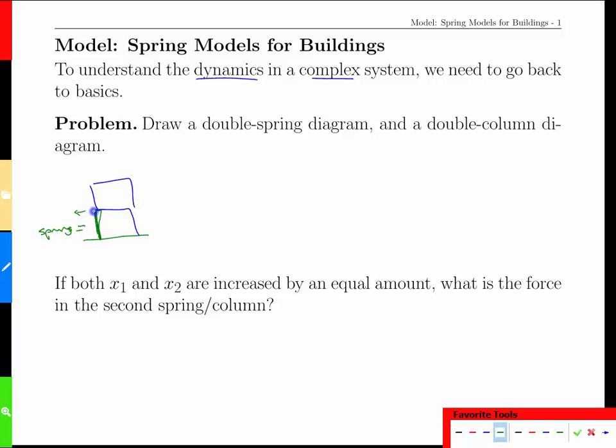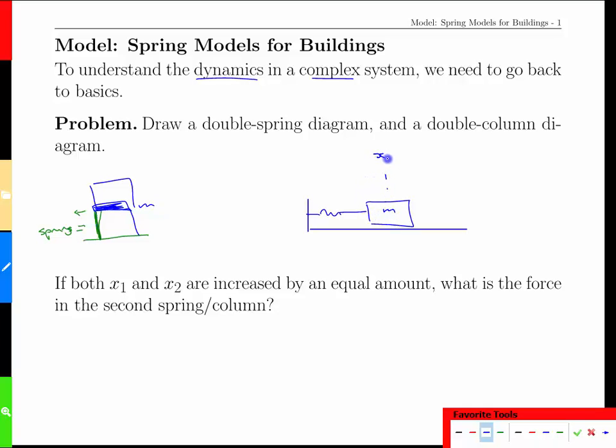And when are they happiest? When they're perfectly vertical. So if there's a deviation of the floor to the left or to the right, then this is going to resist that motion, exactly like a spring, and push it back. And if we imagine this in a horizontal context, if we talk about the position of the floor, this floor has some mass to it, it's going to have some natural position.